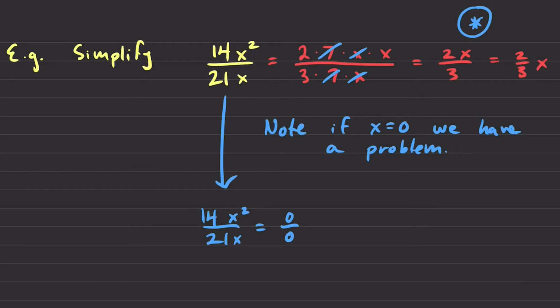That is what we would call an indeterminate form. It means that it actually is equal to something, but we're not sure what it is. It's a little bit different than what you may have already seen as undefined. Undefined and indeterminate are very, very similar ideas, but they are different. In any case, we're going to get something that doesn't really make sense. 0 divided by 0. It's impossible.